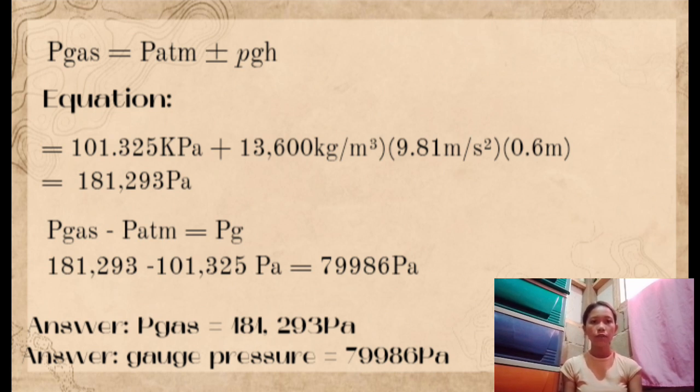So the pressure of the atmosphere is 101.235 kilopascal, plus the density of the fluid, or the density of the mercury, which is 13,600 kilograms per cubic meter, times the acceleration due to gravity, which is 9.81 meters per second squared, times the given height of the fluid, which is 60 millimeters, or if converted into meters, 0.06 meters.